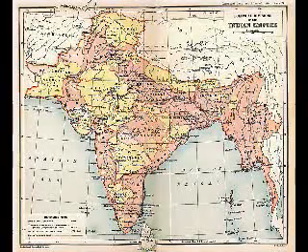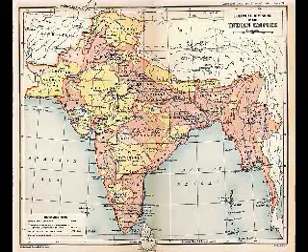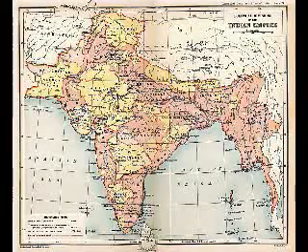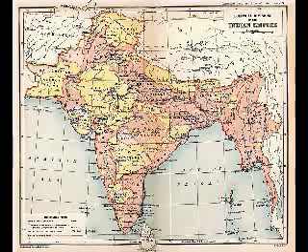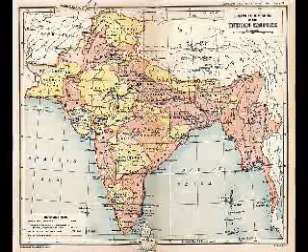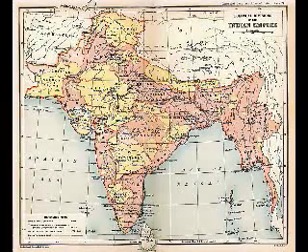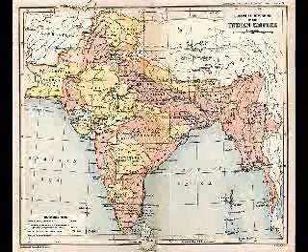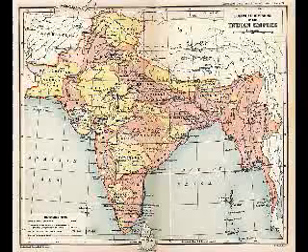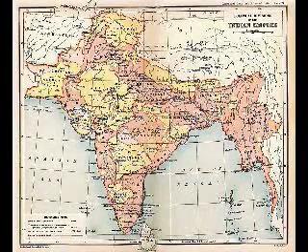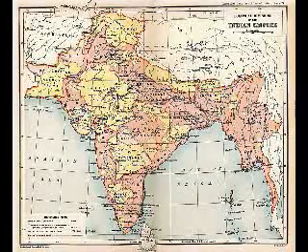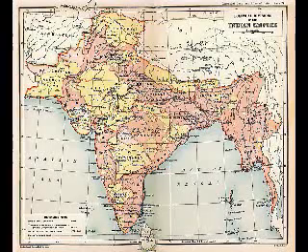The Secretary of State was to be assisted by a council of 15 members, of whom at least 9 would have served in India for not less than 10 years and would have left India not more than 10 years before their appointment to the council.